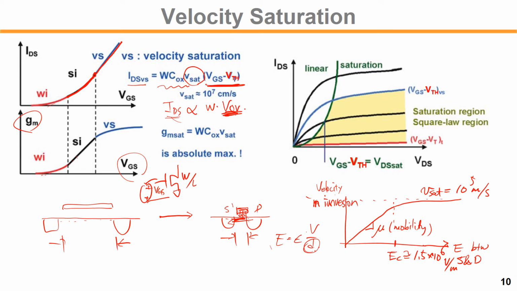In strong inversion, as you increase VGS, you get a larger GM because of larger current. But once it passes a certain point, the GM doesn't increase that much. This is the absolute maximum GM that you can achieve out of the MOSFET.